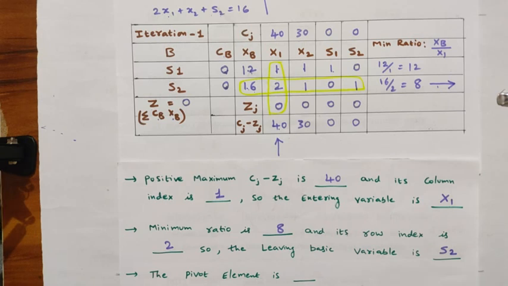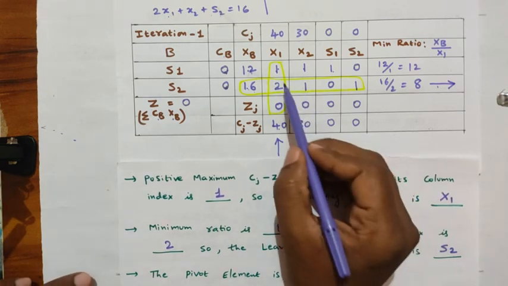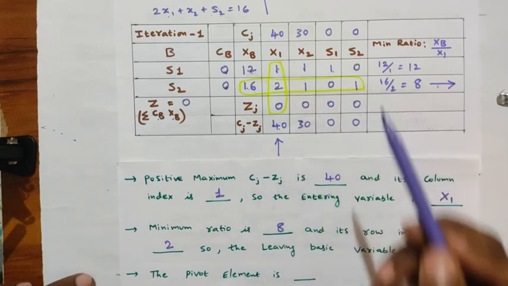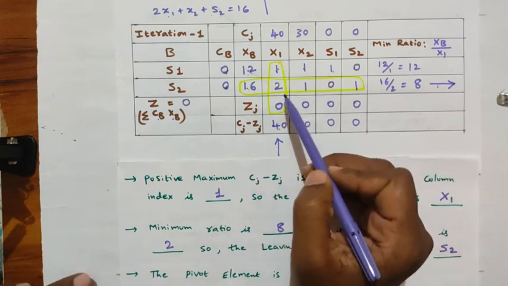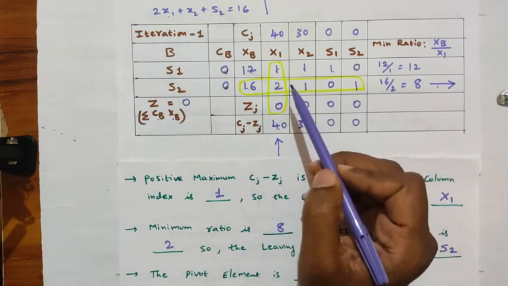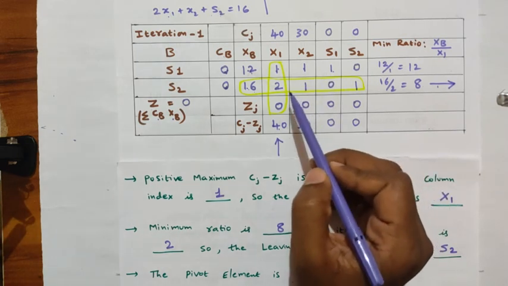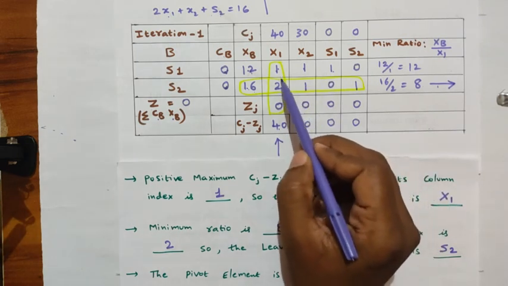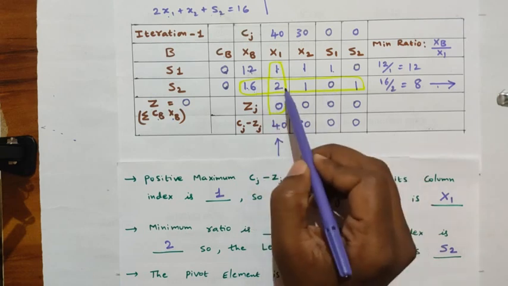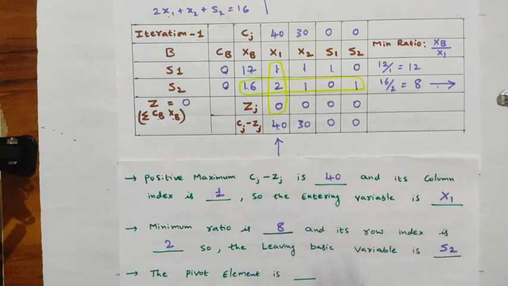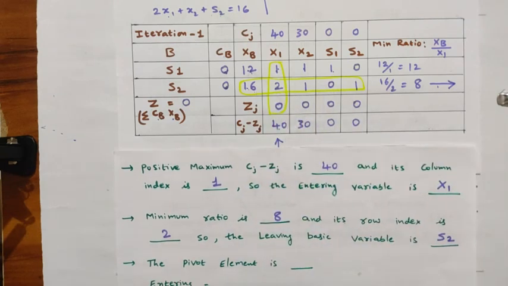The pivot element is the intersection of the pivot column and the pivot row, that is, 2 is the pivot element.